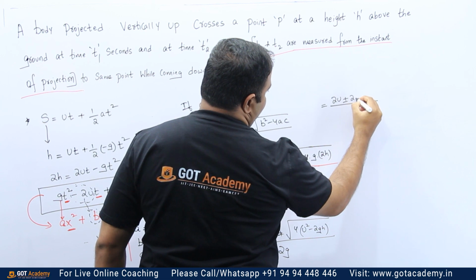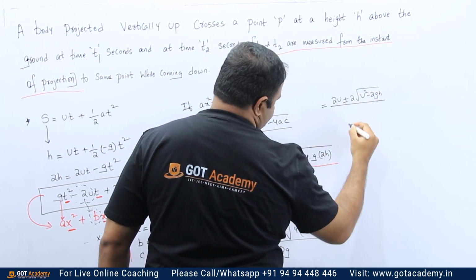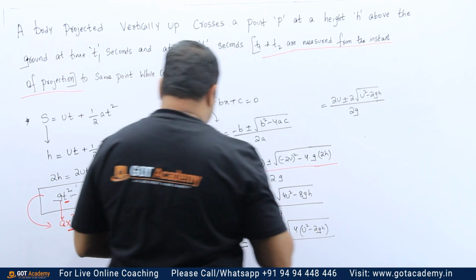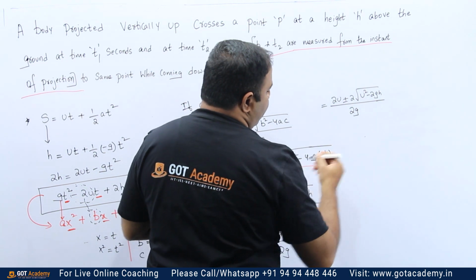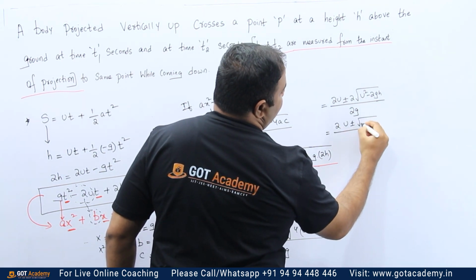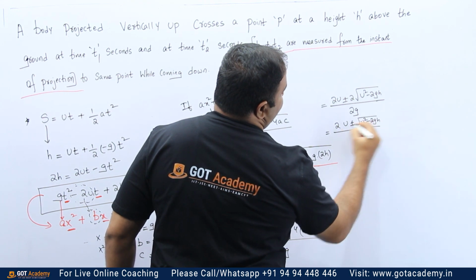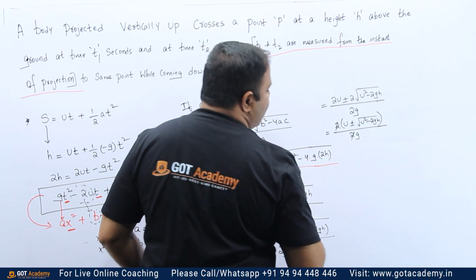2u plus or minus 2 root over u square minus 2gh by 2g. Okay, so now I can take this 2 as common: 2 times u plus or minus root of u square minus 2gh, by 2g. These two are being cancelled.